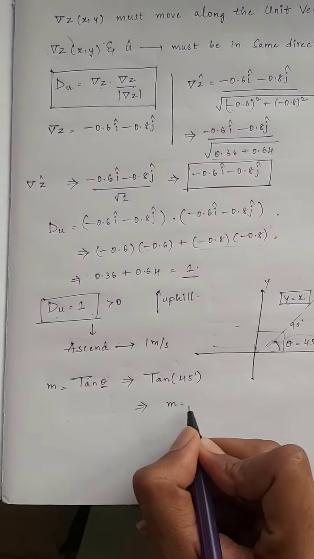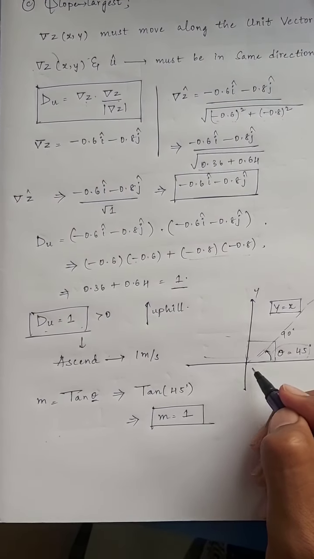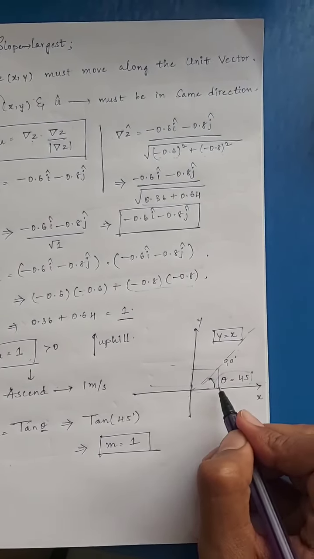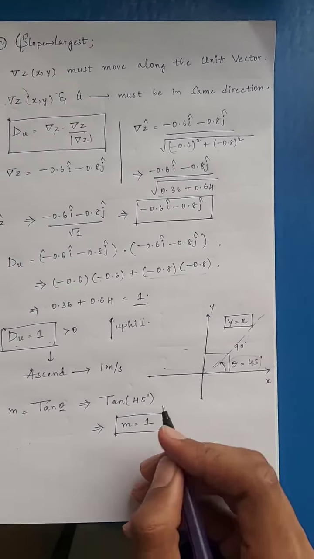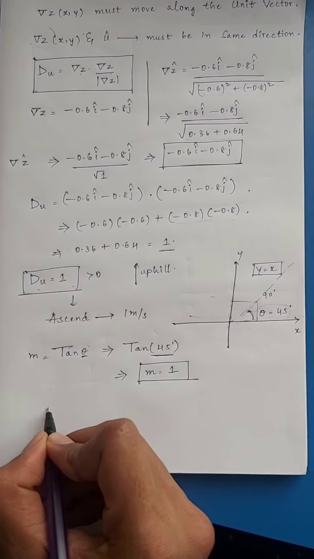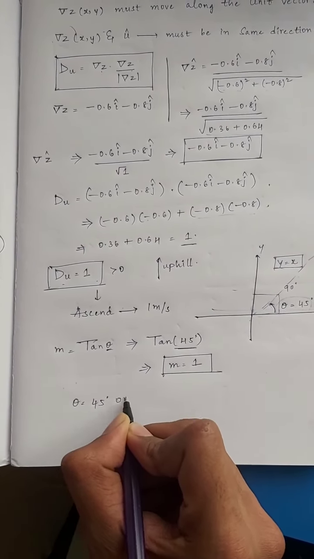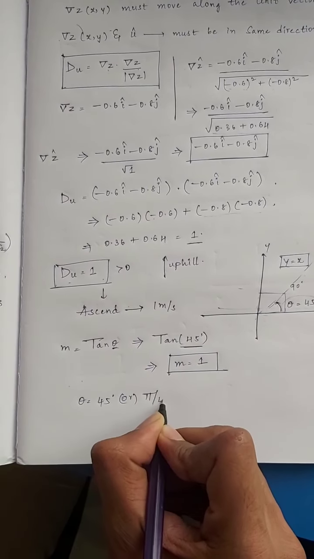So the slope would be tan 45, which is 1. So the slope of this directional derivative would be 1, and it makes an angle theta equal to 45 degrees or pi by 4 with the horizontal.